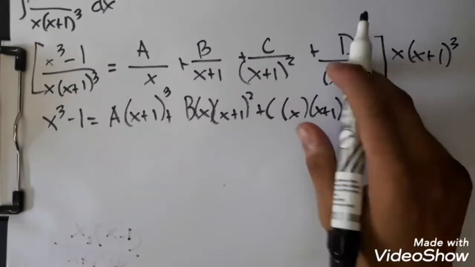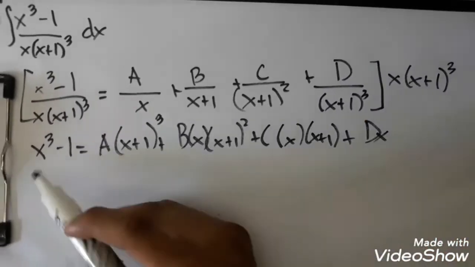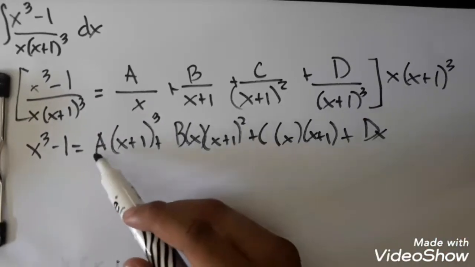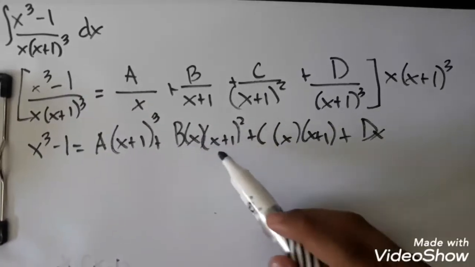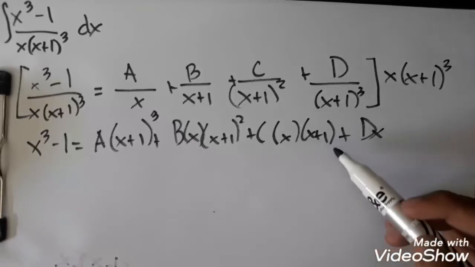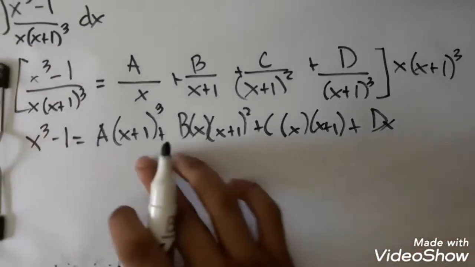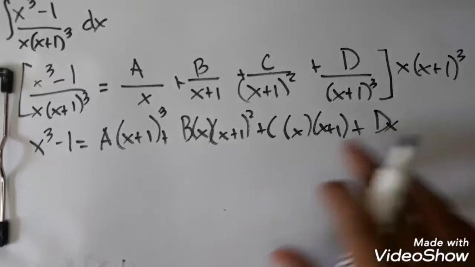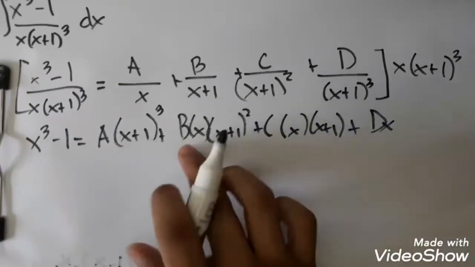And then by multiplying by its factors, we can get x cubed minus 1 equals a times (x plus 1) cubed plus b times (x plus 1) squared plus c times (x plus 1) plus dx. And now we will expand these functions and distribute the unknowns.